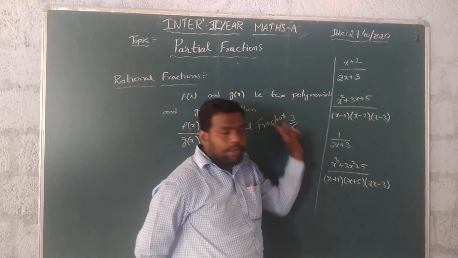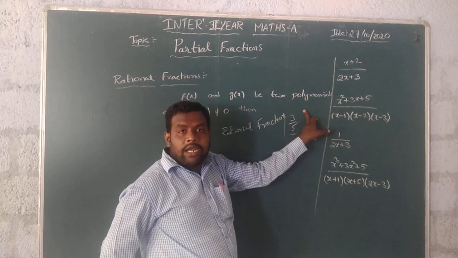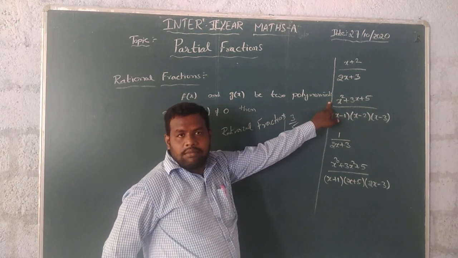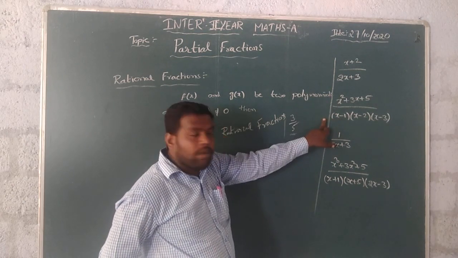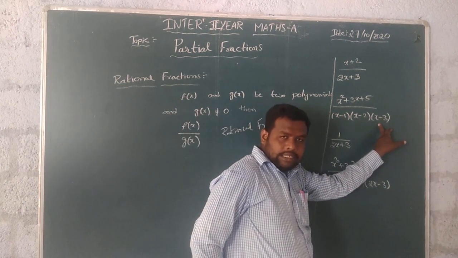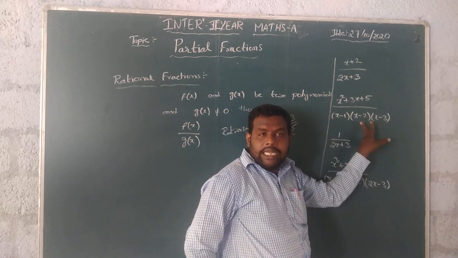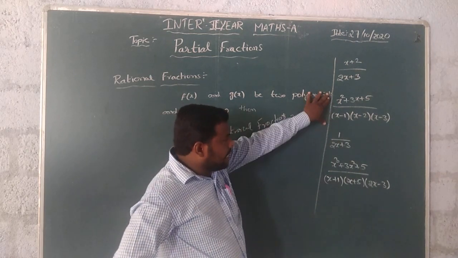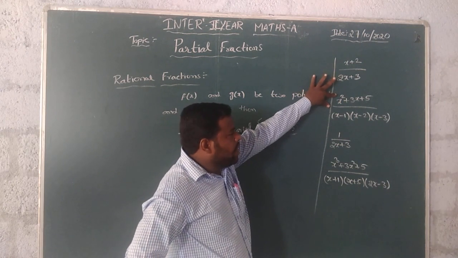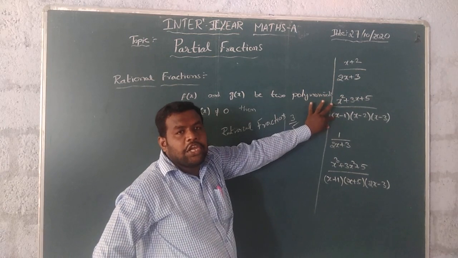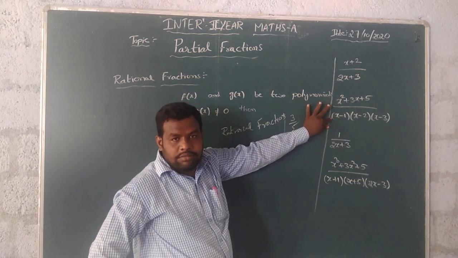In the second example, what is the degree of numerator? 2, because x square. What is the degree of denominator? x into x into x, cube. So what is the degree of denominator? 3. So in this example, the degree of numerator is less than the degree of denominator.